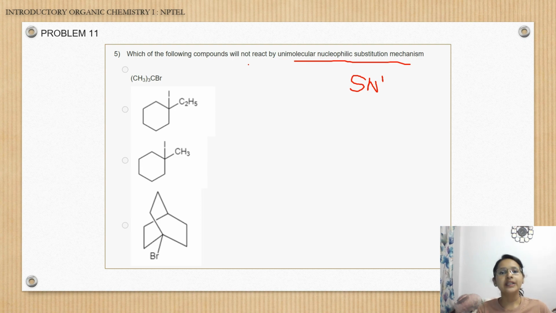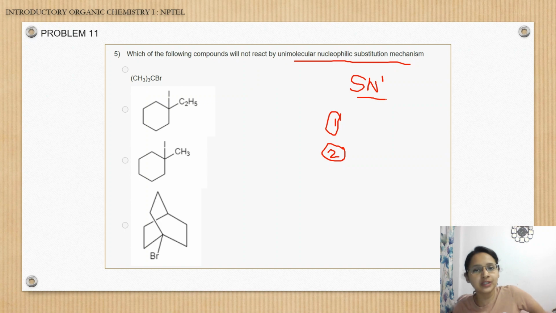So I've told you in the SN1 mechanism, first is the carbocation generation. Option A. Don't be in a hurry. See, I'm just giving you a guess, and then you will see. Here in this case of SN1 reaction, first is a generation of carbocation.